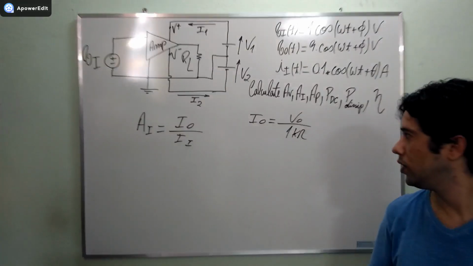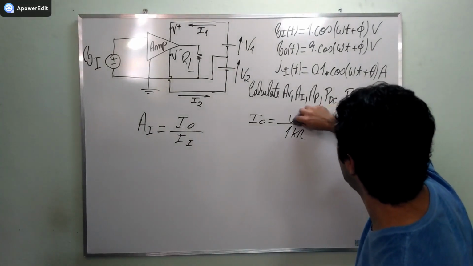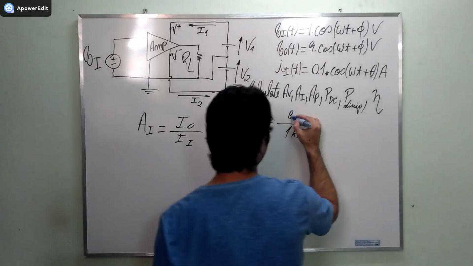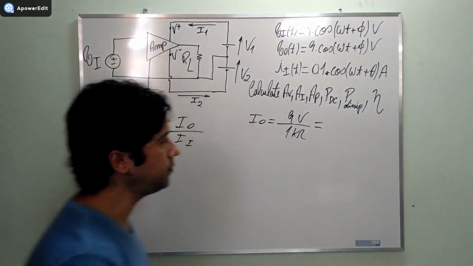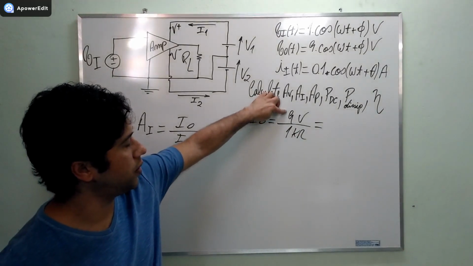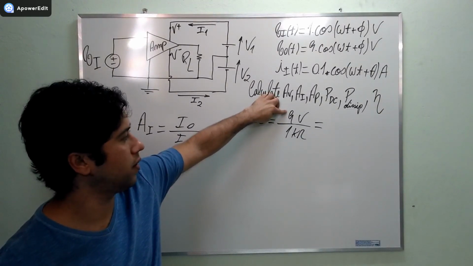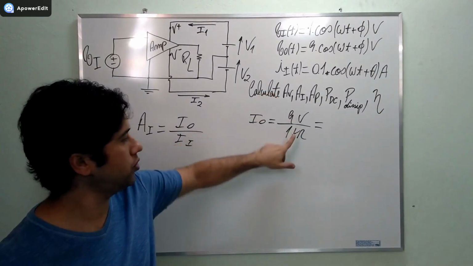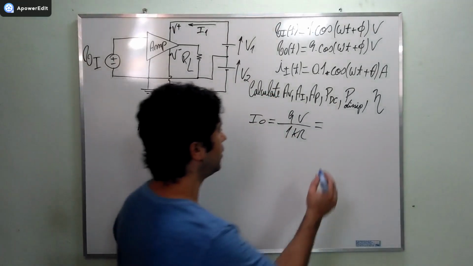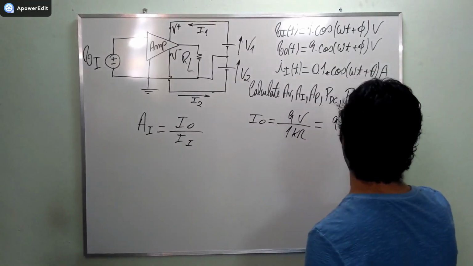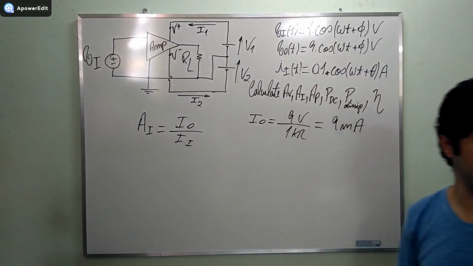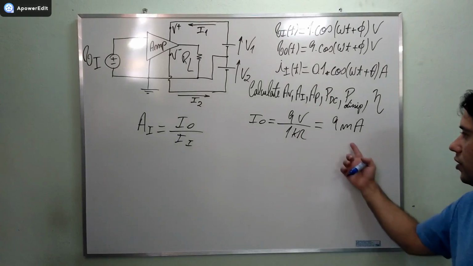And we already know that V0 is 9, then we simply put 9 volts here. So the output current is going to be the division between the output voltage and the load resistance. And then this is 9 milliamperes. Do you agree with me?